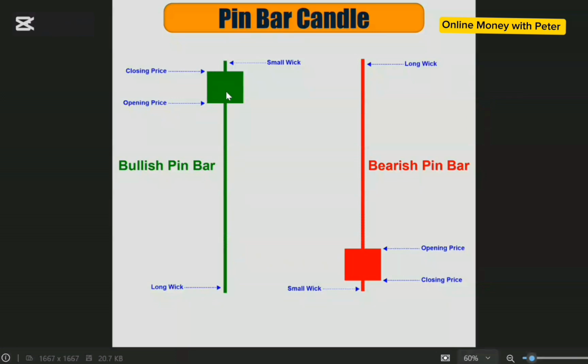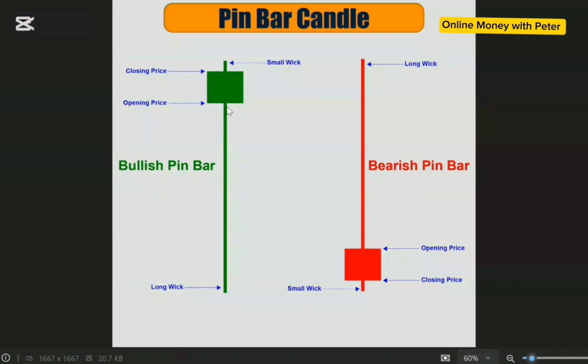Now this body is, I would say, the opening price. Sometimes the opening price and the closing price are the same. Sometimes they are not the same, but the body is very small. But usually for a pin bar, the opening price and the closing price are the same, though sometimes there'll be just a little difference between them.